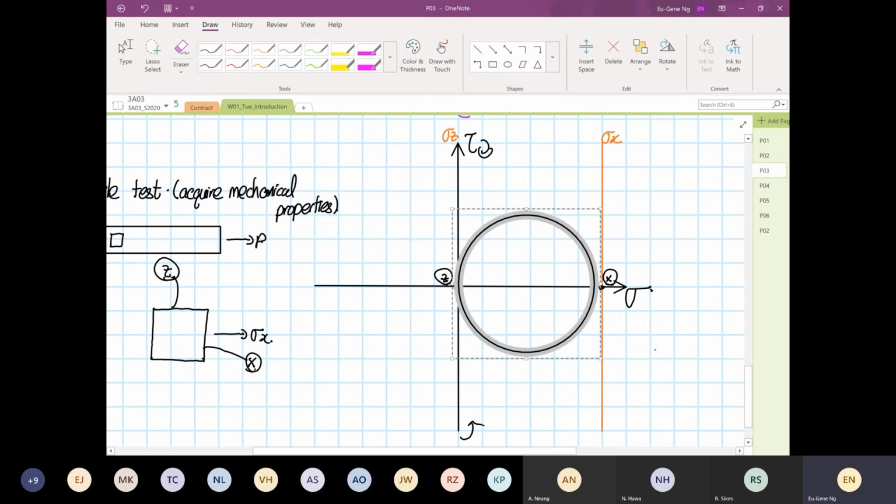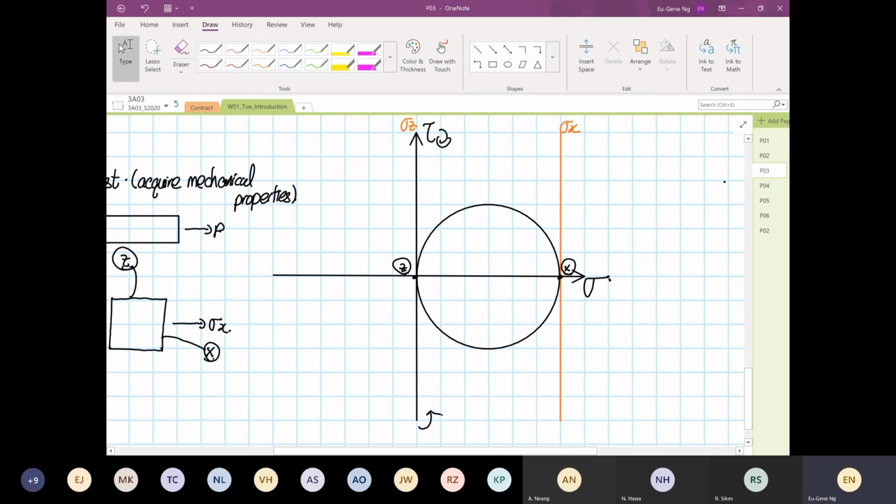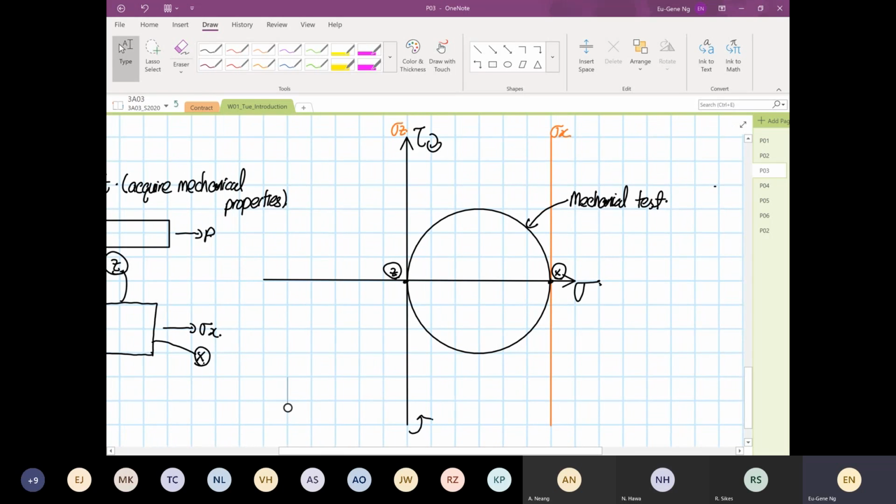So this is our Mohr circle, and this is based on our mechanical loading, the mechanical test. So we did a test under uniaxial, and we see our stress X over here.